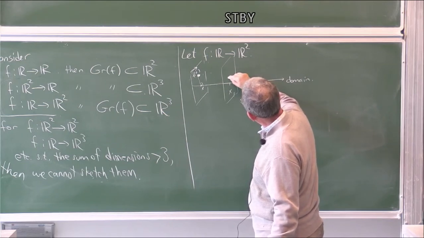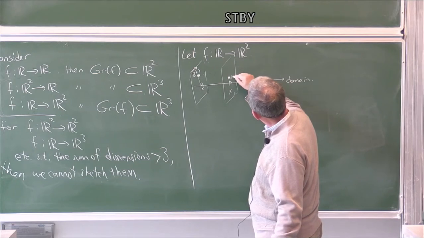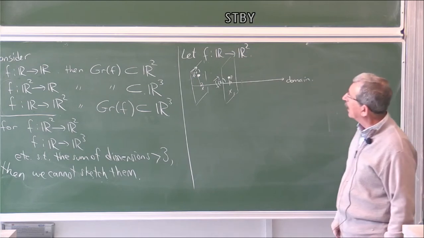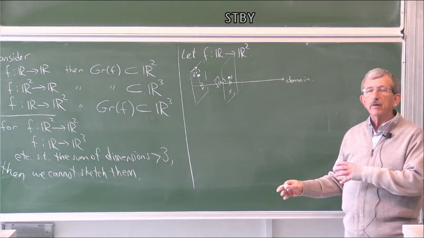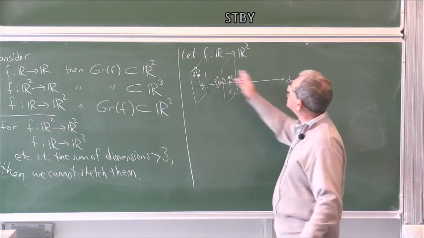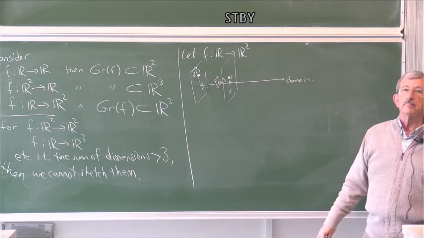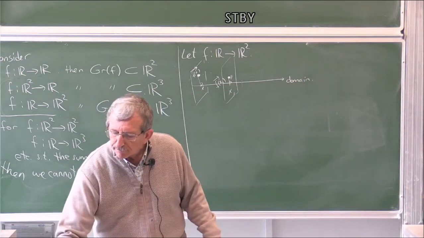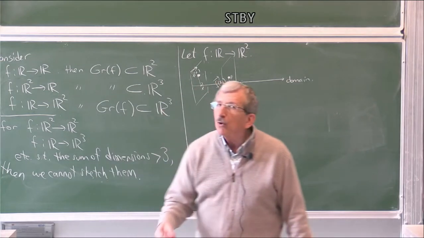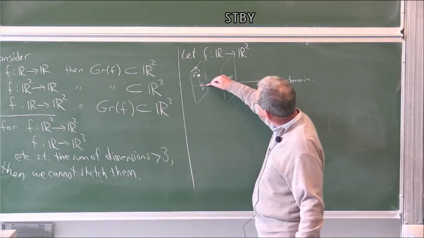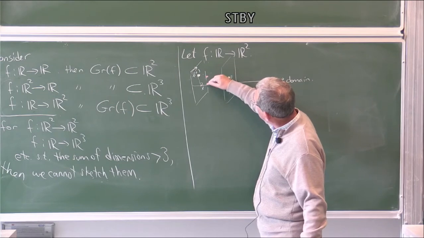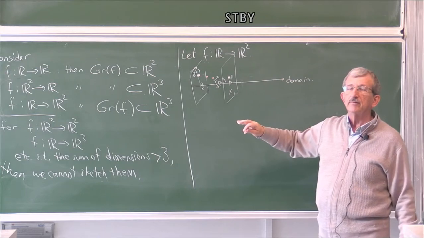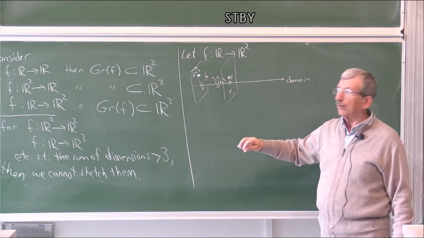It's on top of x, it's perpendicular, but this is now f of x1, a vector again. Continuing this way, what is the set of all these points in space? Put these points together in a continuous manner. If we increase x a little bit, we have a point somewhere. If we increase it again, we have a point somewhere else. Put these points together. So what we get is a curve.